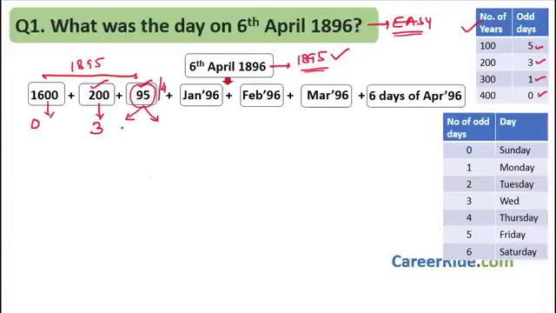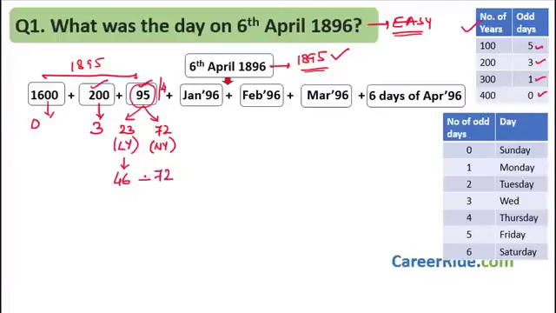I get 23 leap years and 72 normal years. Each leap year has 2 odd days, so there are 46 odd days here, and in these 72 there is just 1 odd day every year, so 72 odd days here.